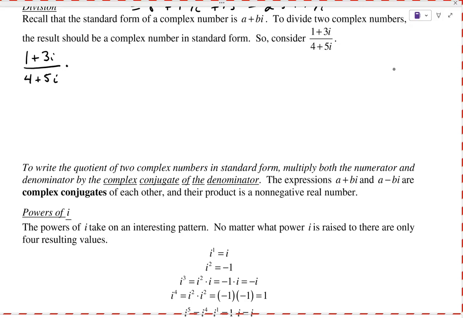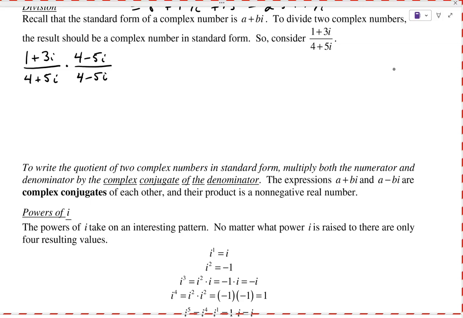I will multiply top and bottom by the conjugate of the bottom. Since it's with complex numbers, we call it the complex conjugate, but it's the same concept. When you do the complex conjugate, you change the sign on the imaginary piece. So since we had 4 plus 5i in the denominator, we multiply by 4 minus 5i. If it were 2 minus 3i, you would multiply by 2 plus 3i. Change the sign in the middle.